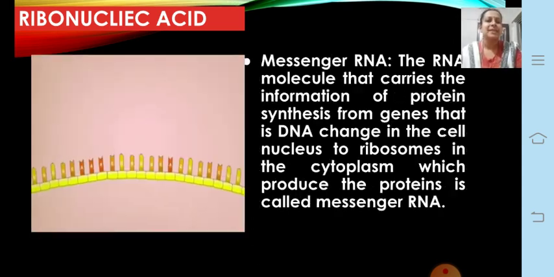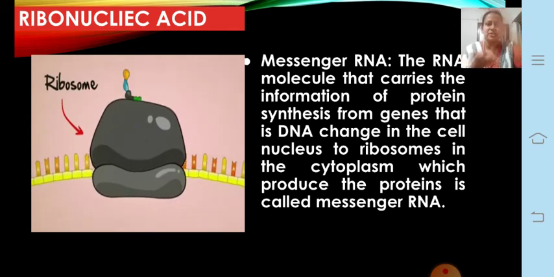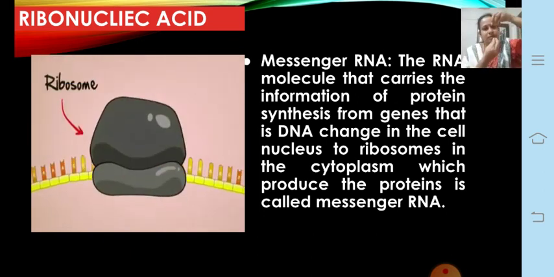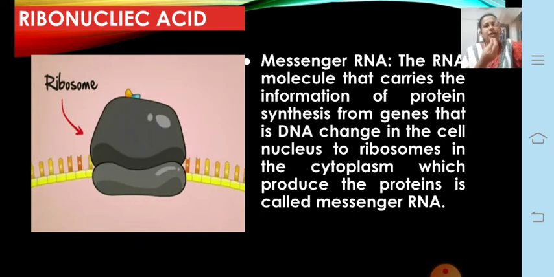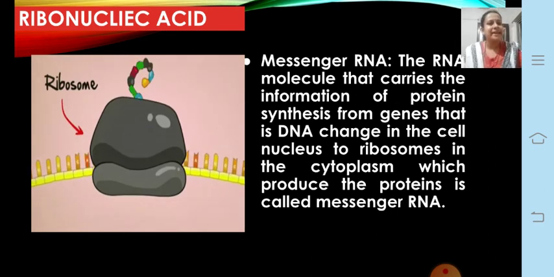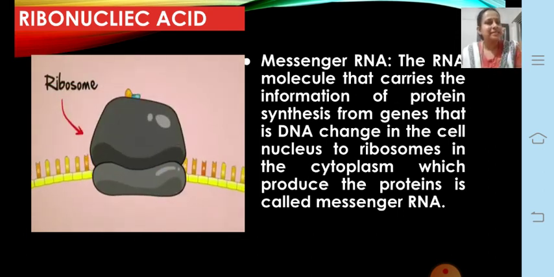Fine. Now the second one is messenger RNA. You can see how the message has been read by the ribosome. The ribosome has joined over here, and you can see amino acids joining and forming the protein which is coming out of the ribosome. Messenger RNA is that yellow color strand which is read by the ribosome. So this is protein synthesis actually taking place.